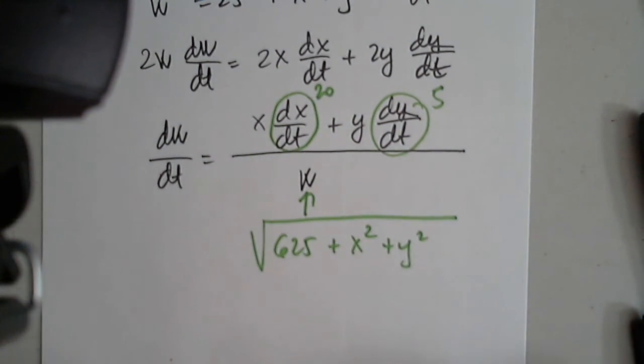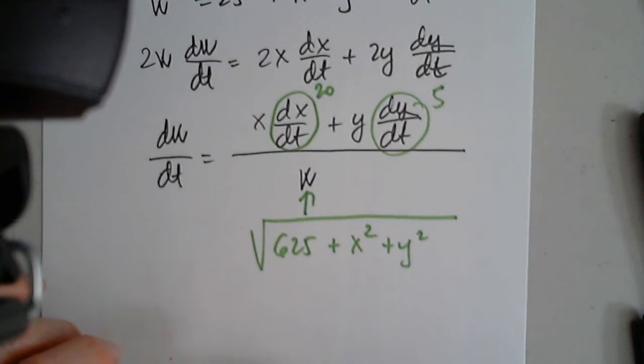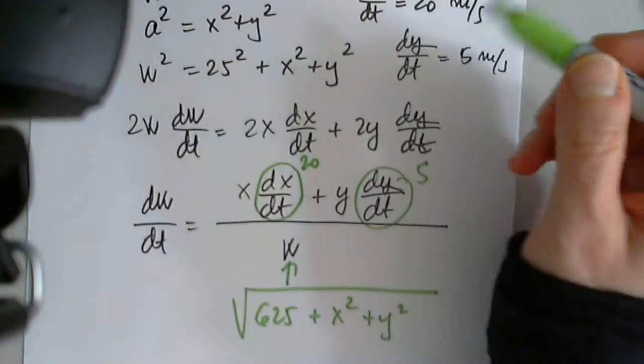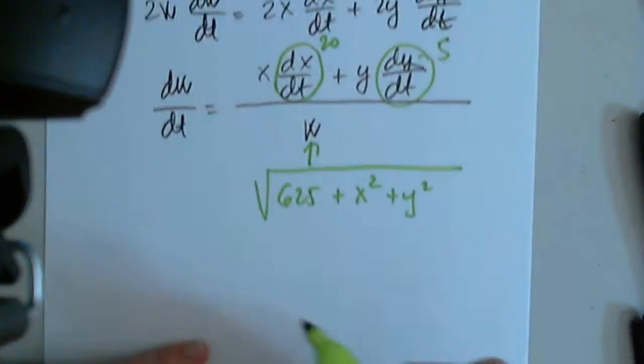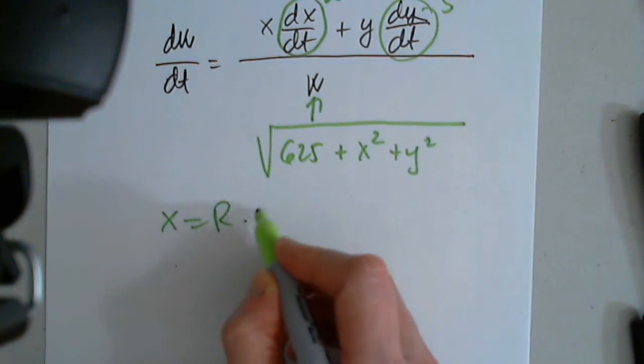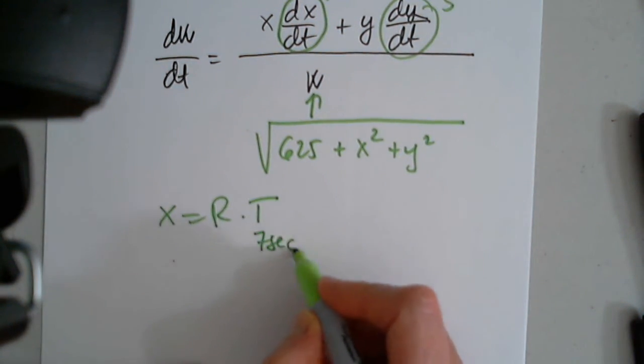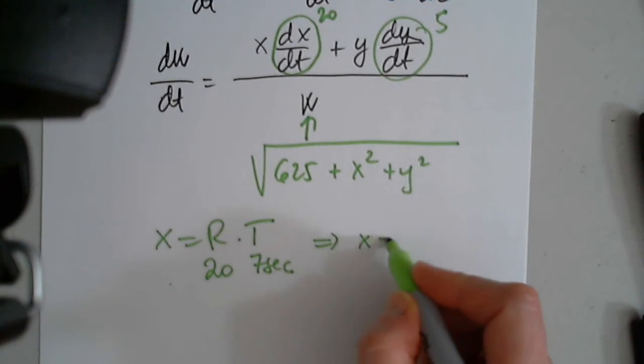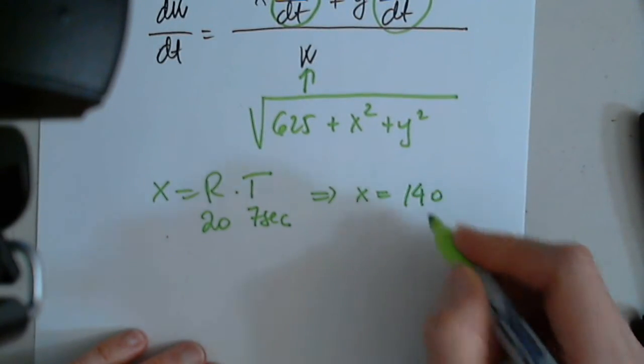Okay, we're asked how many seconds again? 7. Okay, 7. Good. So I need to determine x. Rate times time. So x equals the rate times time. This is 7 seconds, and this is 20. So from here, I know that x equals 140.